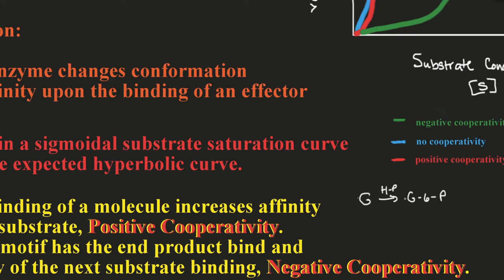Well, when too much of this glucose 6-phosphate accumulates, it goes back and binds to the hexokinase enzyme and shuts it down. So that's negative cooperativity. The binding of, in this case, an end product is shutting down the system, making it harder for hexokinase to bind another glucose. All right?